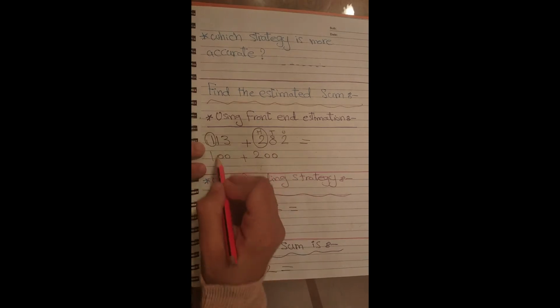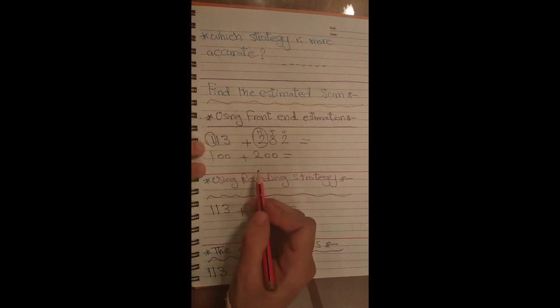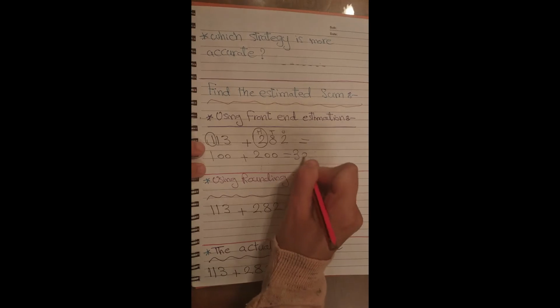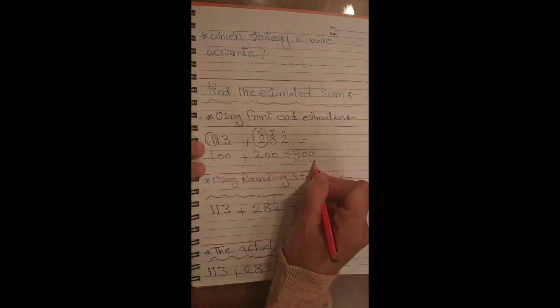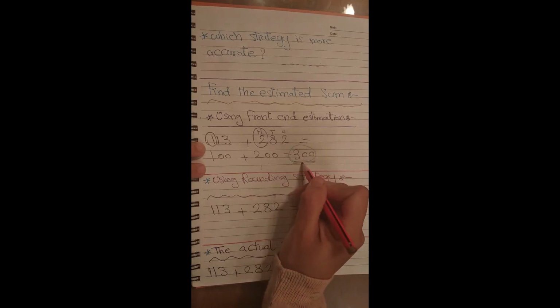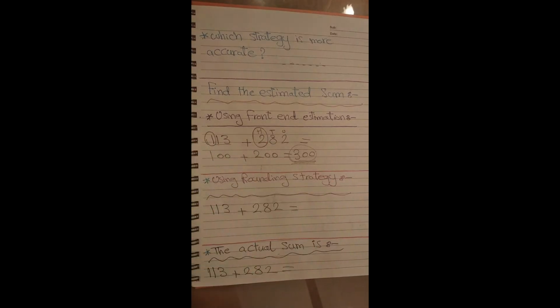So here I have 100 plus 200, and now it's so easy to add them mentally together to be 300. So the estimated sum here is 300, and we have to differentiate between the actual sum and the estimated sum. It's not the exact sum, but it is the estimated, because it's a sum of the estimated two addends.